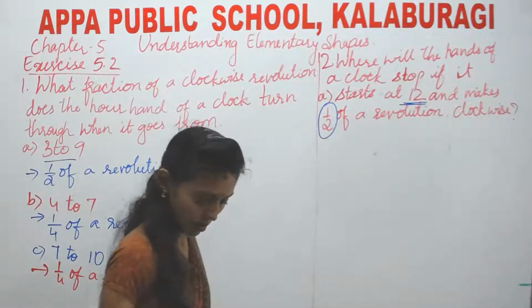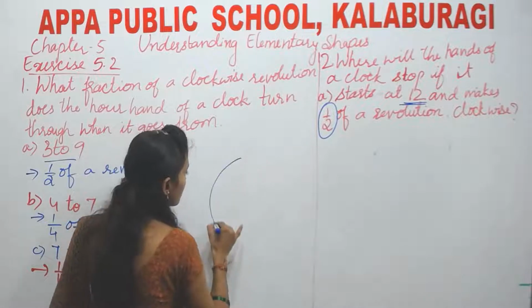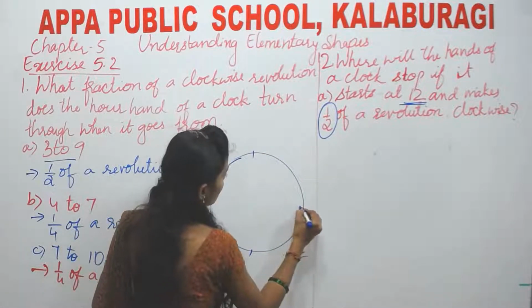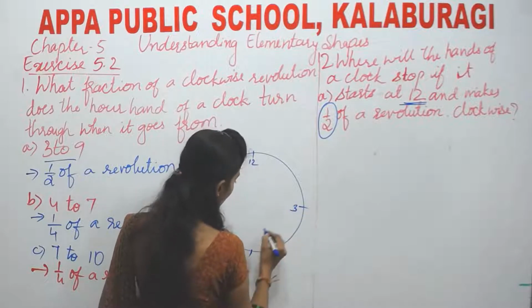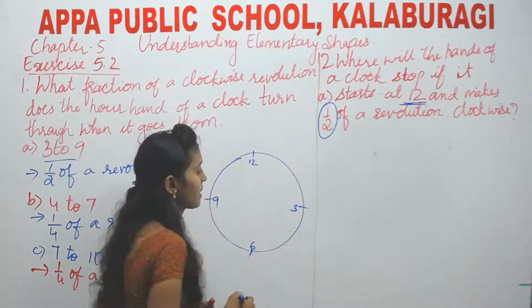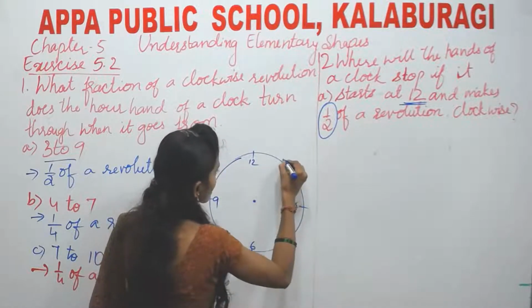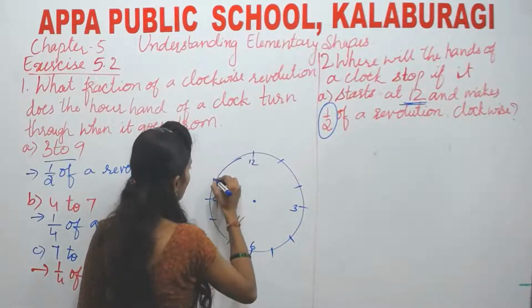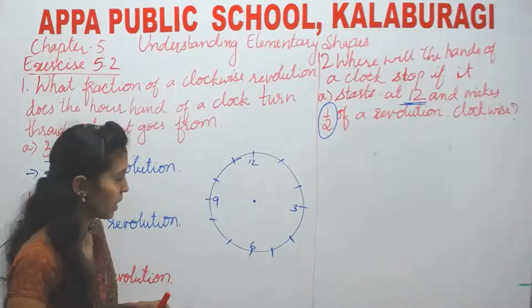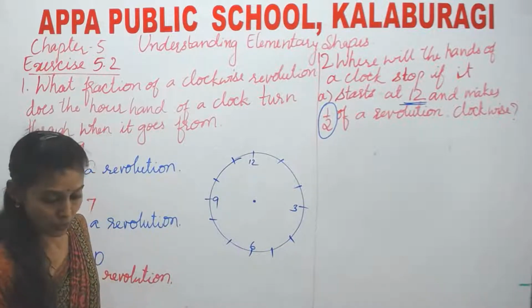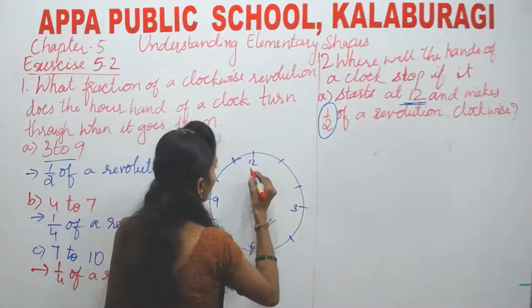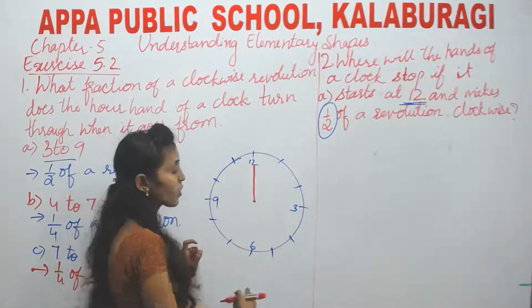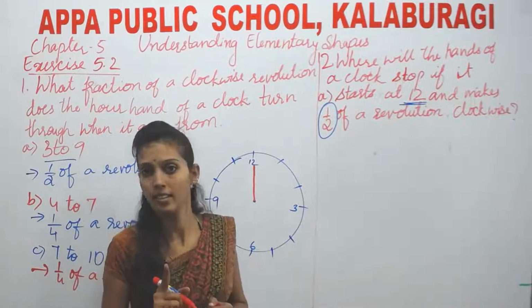So, see here. 12, 3, 6, 9. Okay, this is 1, 2, 4, 5, 7, 8, 10, 11. Okay, now from 12, half of revolution, half means one straight angle, right?